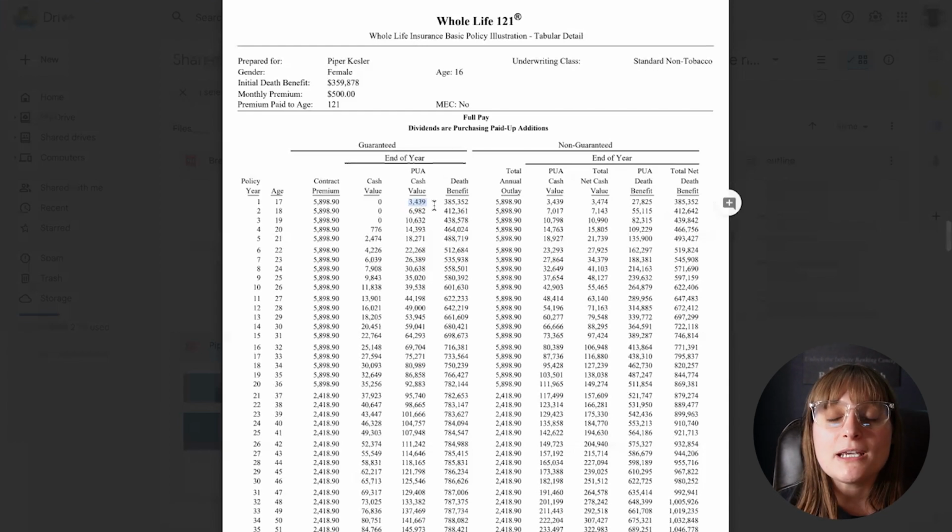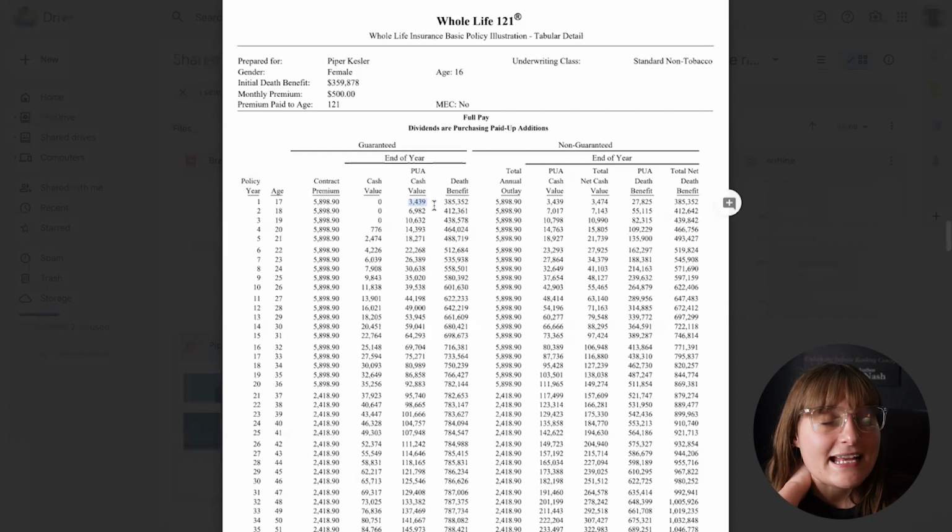It's just going to be a cheaper cost. And I agree with your thinking there, but age only affects the death benefit. It does not affect the cash and that cash performance of how we're using the policy.